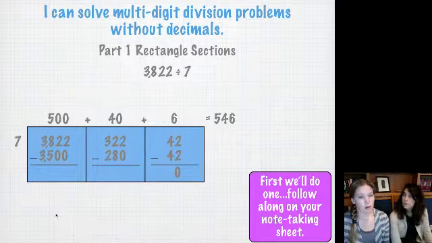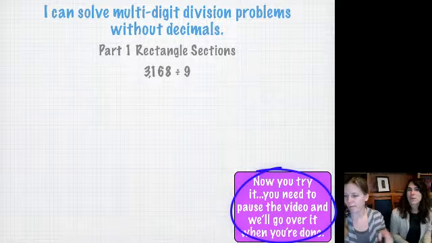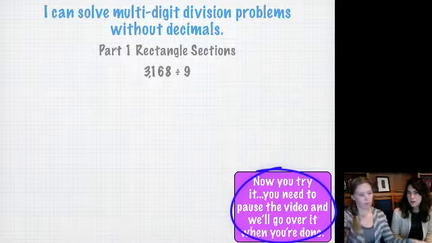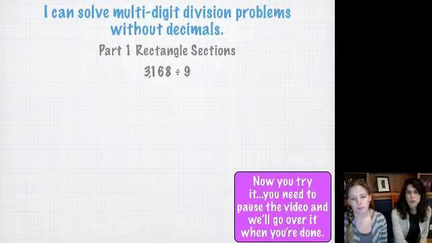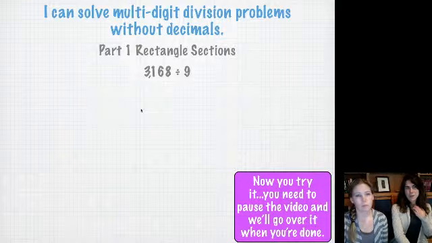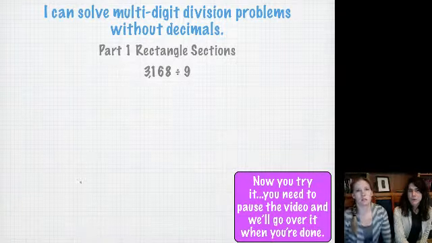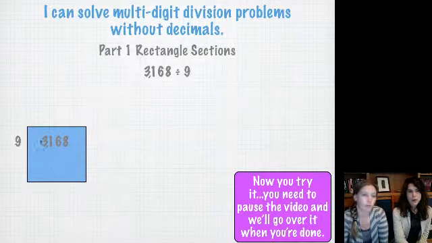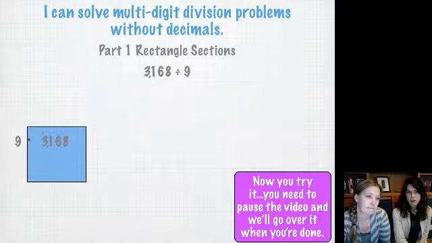So now, of course, you're going to get to try one on your own. So pause for a moment, and then we'll go over it. But try it so you're familiar. Once again, this should be right on your note-taking sheet, so you have it all set up, nice and easy for you. But first of all, you're going to have your big number right here, and just like we were saying before, you can visualize that division sign right over here.